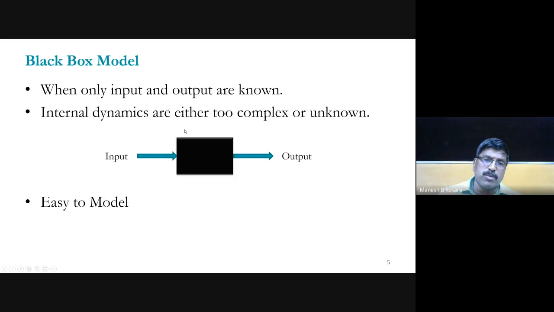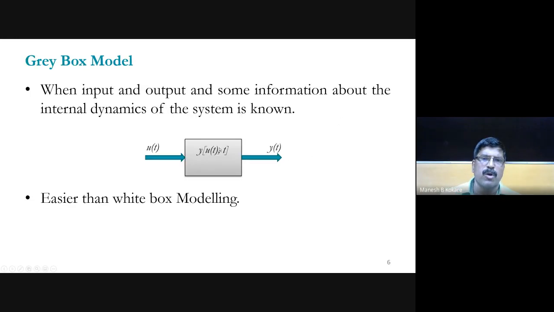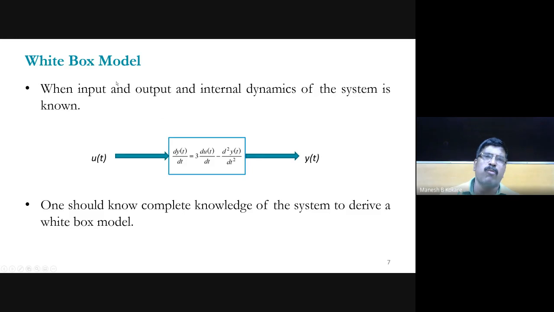So in the case of the black box model, nothing was known about the dynamics of the system, whereas in the gray model, only partial information was known, and input and output were also known. Whereas in the white box model, you know every parameter, the internal dynamics are known, the input is known and the output is known. So this is a totally transparent system, and that's why it is called the white box model.